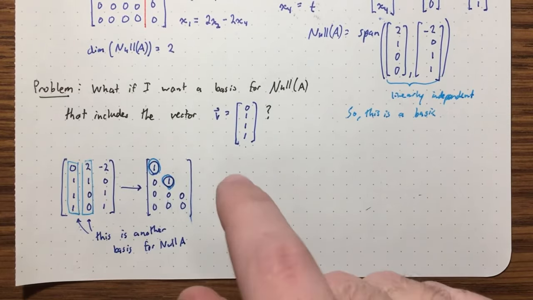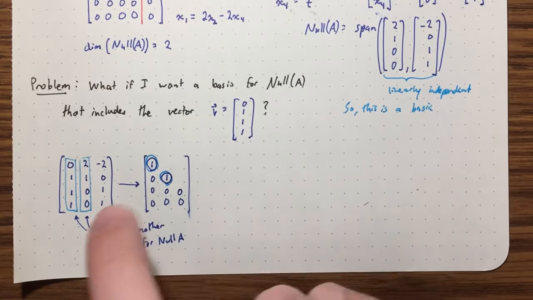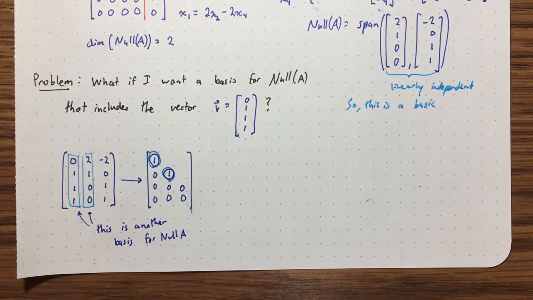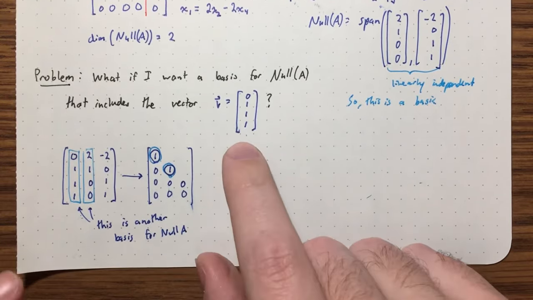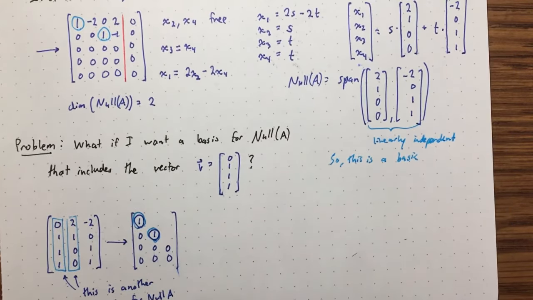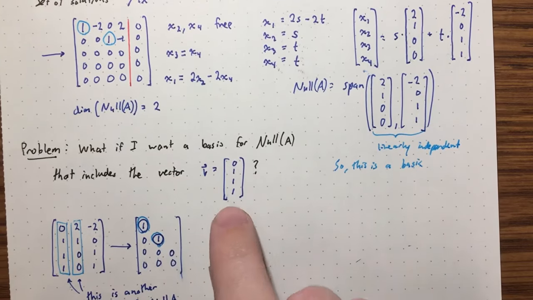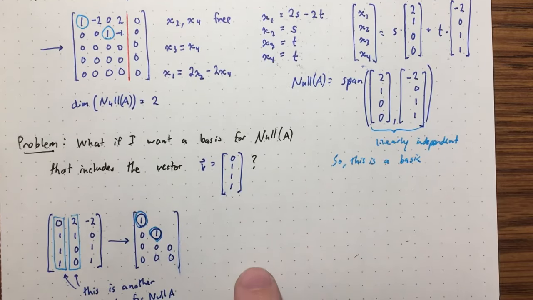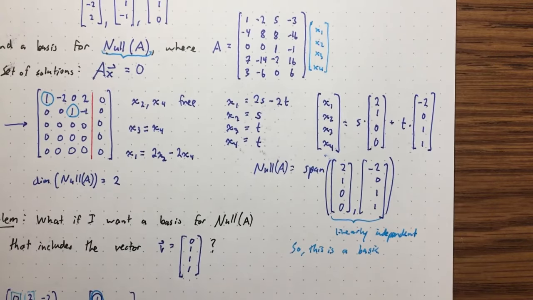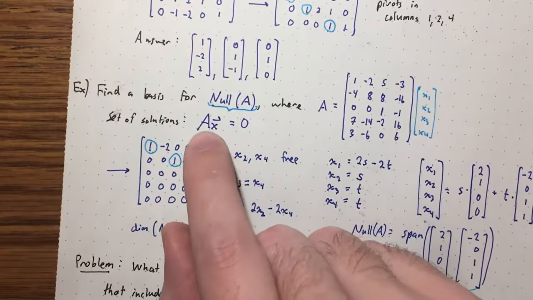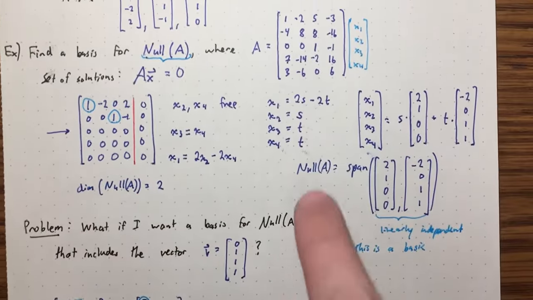By the way, there's one thing I should have asked before I even wrote down this matrix, and that is, is this vector v in the null space to begin with? It had better be in the null space if it's going to be part of a basis, right? So how do we check if something is in the null space of a matrix? Well, it has to satisfy this equation, right? So what is that saying?